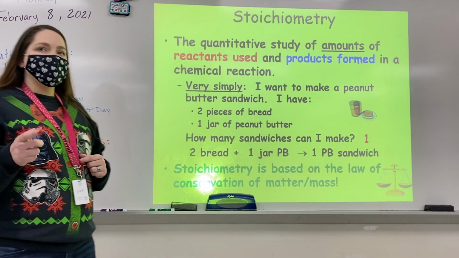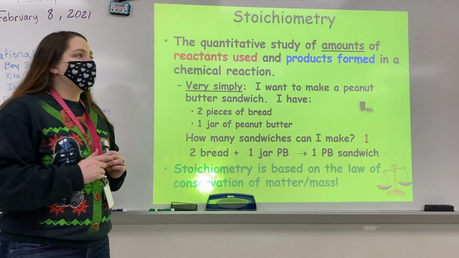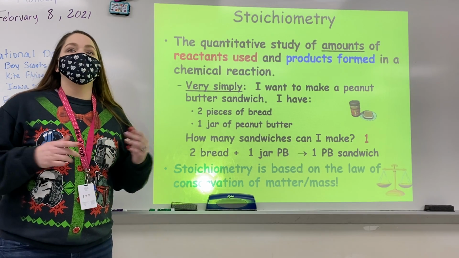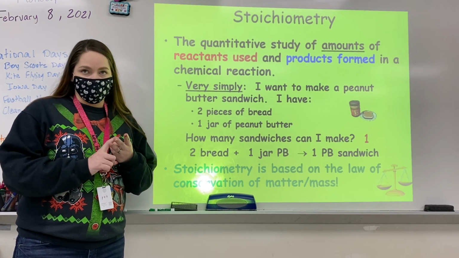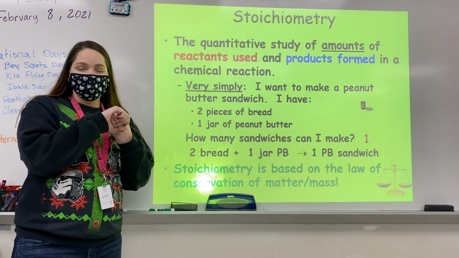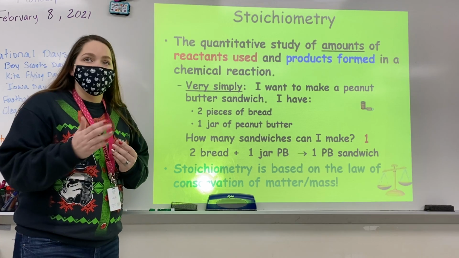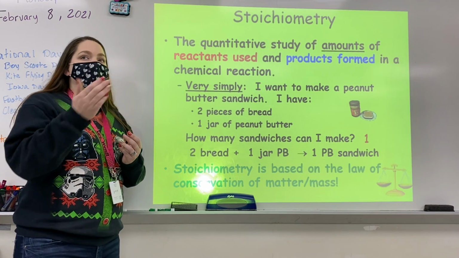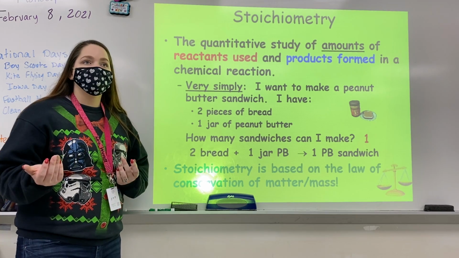So if you were there with us on Tuesday when we did our s'mores lab, we used the example of making s'mores. So we had our marshmallows, we had our chocolate, and we had our graham crackers. Those are all of our reactants. Those reactants are going to come together in a certain ratio or a certain amount, and they're going to make our product, which was our s'more.